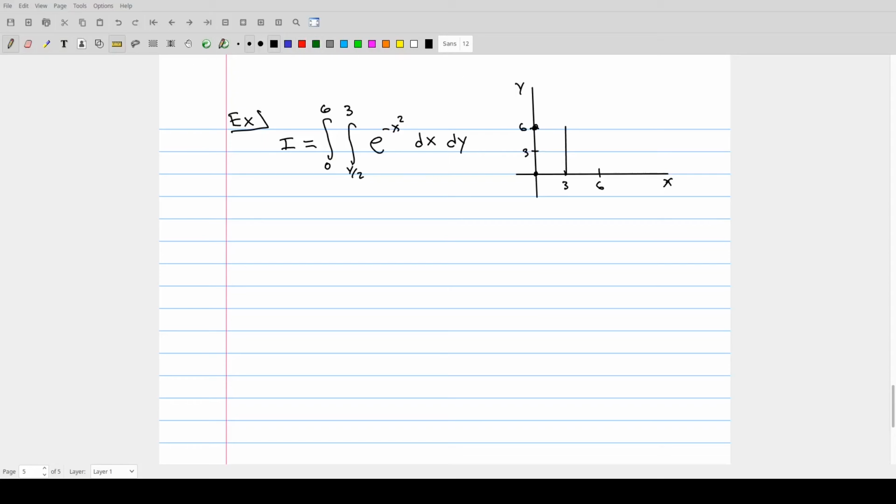And then the lower bound is the curve x equals y over 2, the line of slope 2 going up to the point 3, 6. So as y goes from 0 to 6, x goes from the line y over 2 to the constant value 3 at any point y. So the region that we're integrating over here is this triangle, this region R right here.